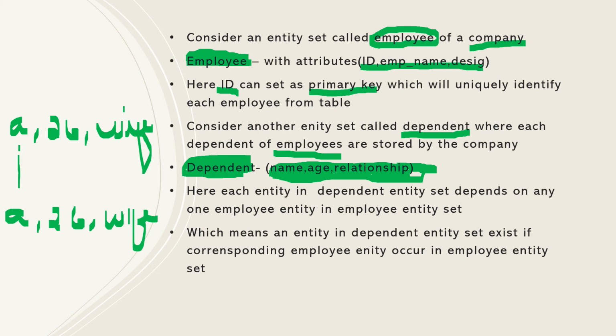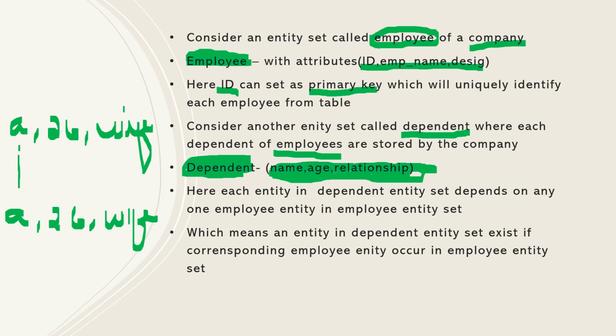So only if the person is an employee of Infosys will the values be entered. That is, the dependent information about each person in the employee entity set will be stored in this dependent entity set. That is an important point.